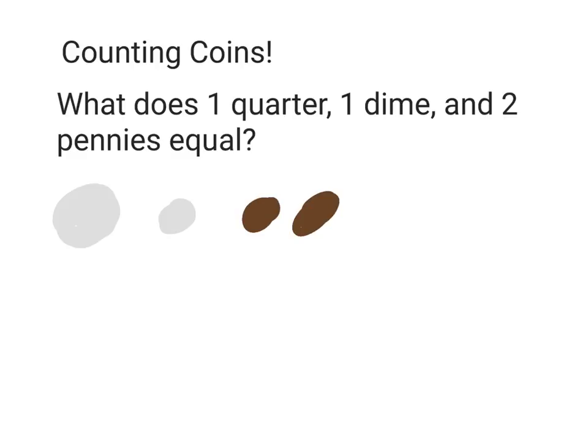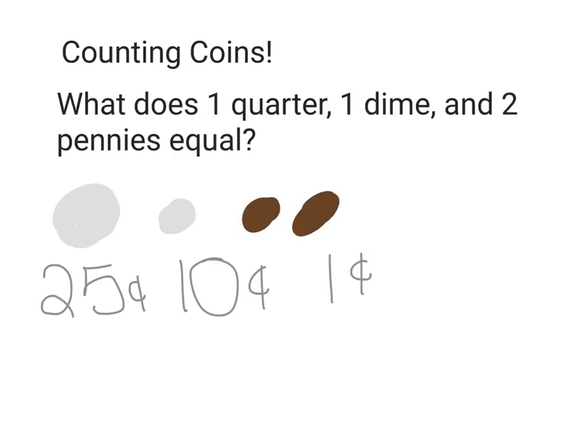I wrote out a problem: what does 1 quarter, 1 dime, and 2 pennies equal? After reviewing our last slide, we know that 1 quarter equals 25 cents. We know that 1 dime equals 10 cents. And we know that 2 pennies equal 1 cent each.